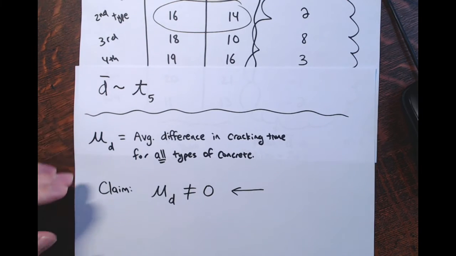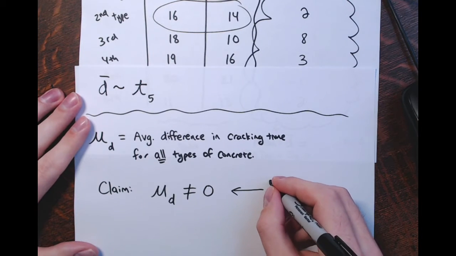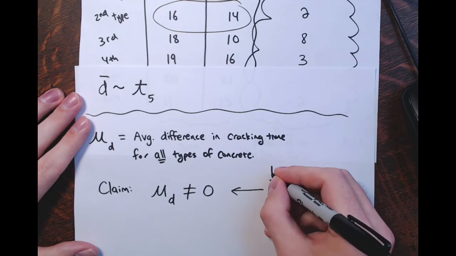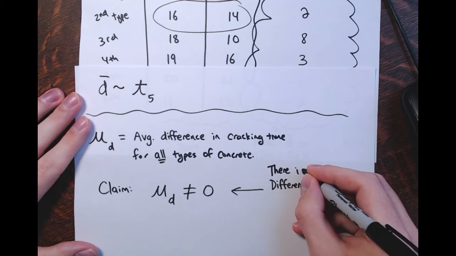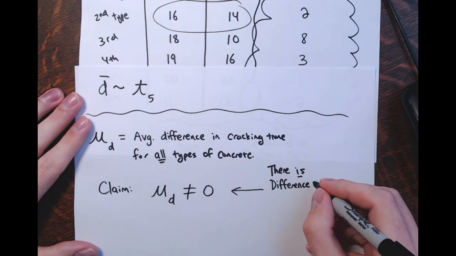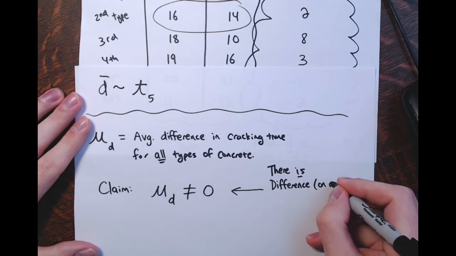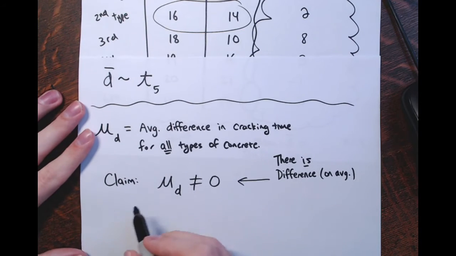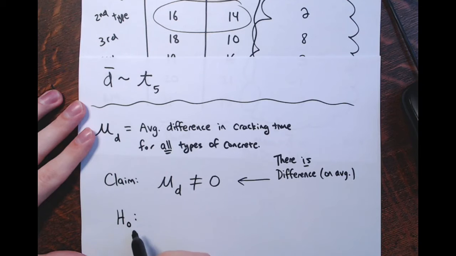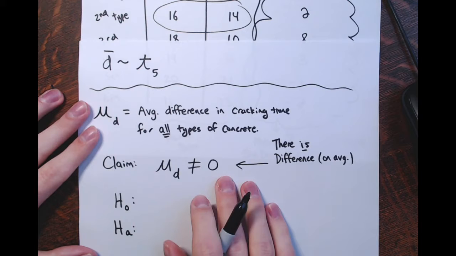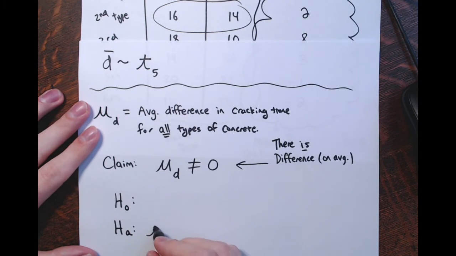Another way to say that in words is that there is a difference on average in this cracking time under stress. And then once a claim is established, you have the null hypothesis and the alternative hypothesis. Now this claim does not involve equals, so that's going to be represented by the alternative hypothesis.